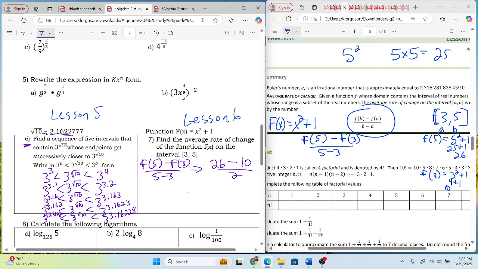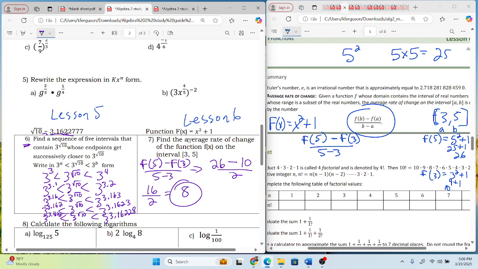Well, 26 minus 10 is 16, and then obviously 2 just stays 2. So now I have 16 divided by 2, because that's what a fraction or a ratio is. It's just a division problem. So 16 divided by 2, that's 8, and 8 is my answer. So it's just a matter of using this formula, right?